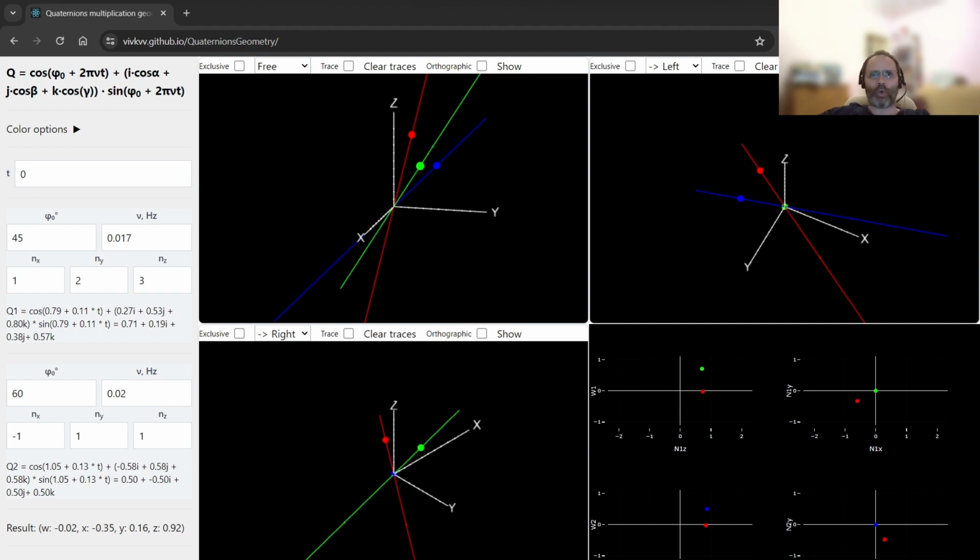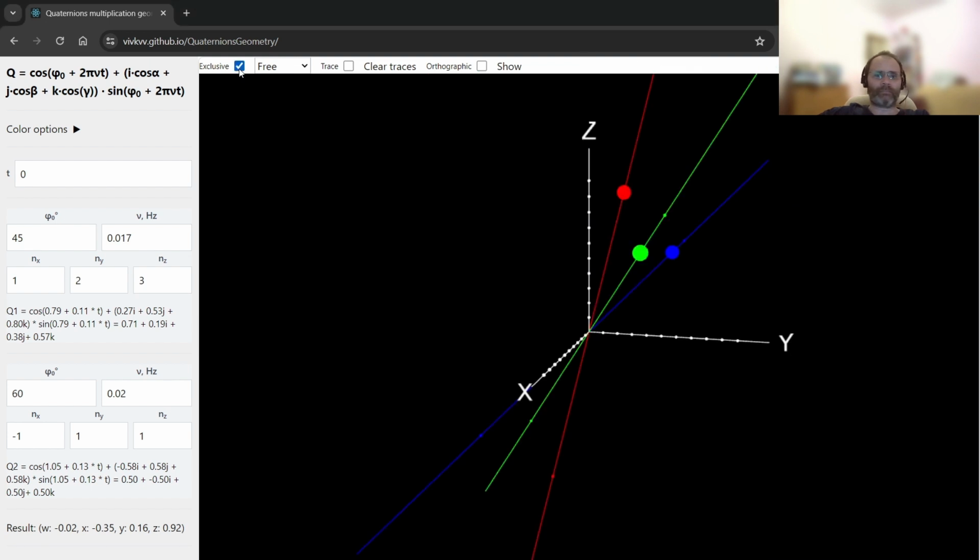What's the relation of these parameters to the other windows on the screen? Let's look at the top left window. Here, on the top panel, there is an exclusive view flag. I will set it so the window is larger now. Let's see what we have here.